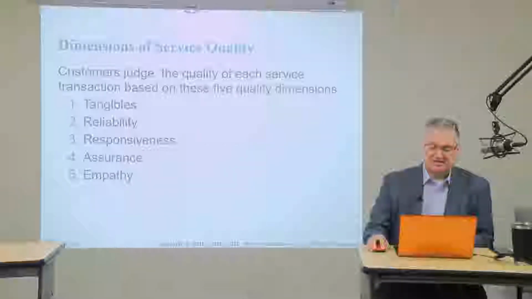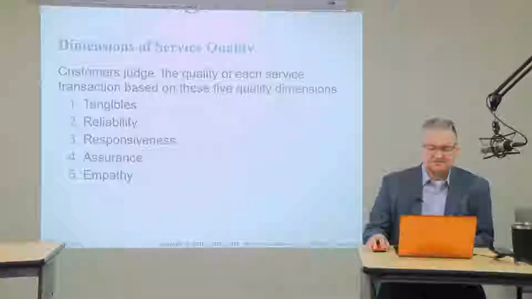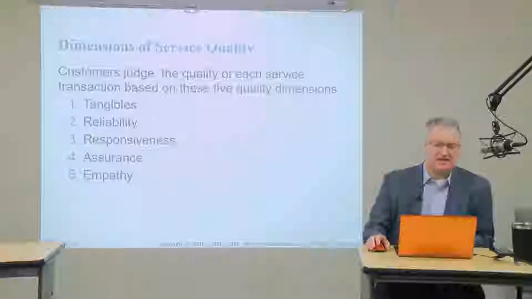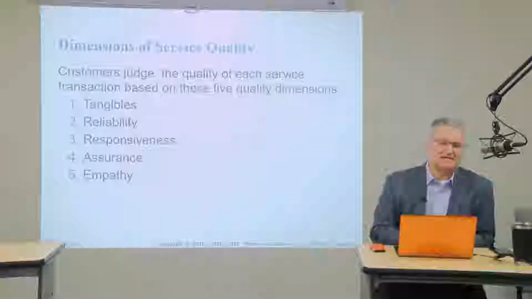The reliability, the ability to perform the desired service dependably, accurately, and consistently. Responsiveness, the willingness of sales and customer service personnel to provide prompt and helpful service to their customers. Assurance, the employee's knowledge, courtesy, and ability to convey trust and confidence. And empathy, the provision of caring and individualized attention to customers.